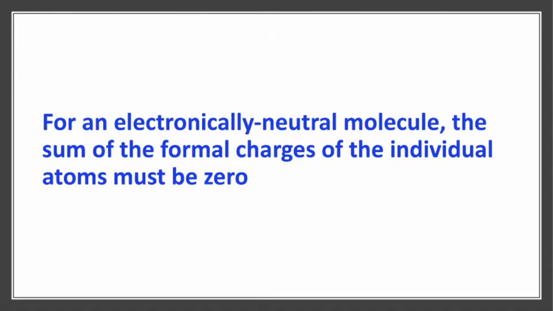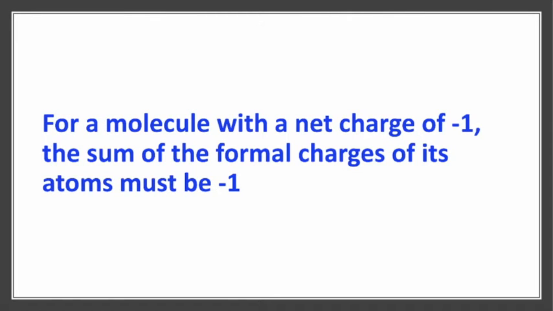Now, for an electronically neutral molecule, the sum of the formal charges of the individual atoms must be 0. This means the formal charges are going to add up to 0 because this is neutral. This is going to be different when we're talking about ions, where the sum of the formal charges is going to be the charge on the ion.